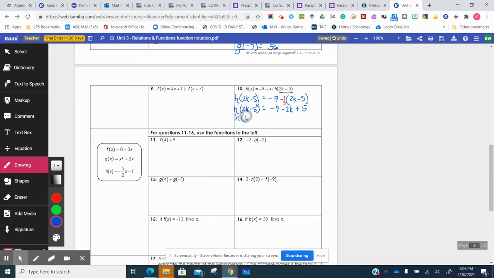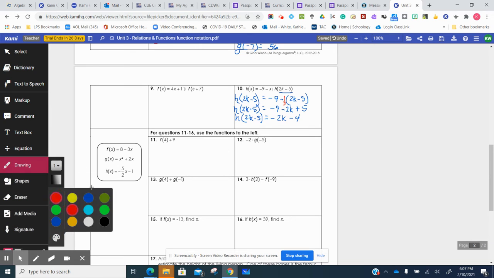So now I have h of 2k minus 5, which equals... what am I going to do here? -9 minus 2k plus 5. Oh, I have unlike terms here. So I think what I'm going to do is leave this as -2k. And when I combine -9 and 5, I have -4. And that's going to be my solution. I cannot combine anything else there. So that was pretty good.